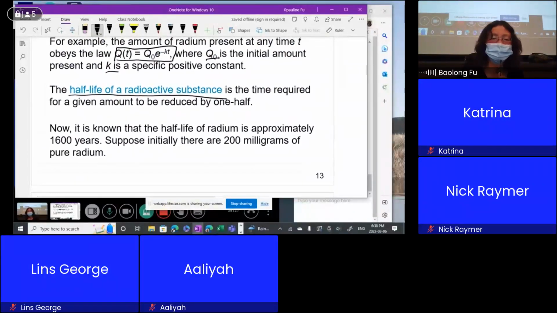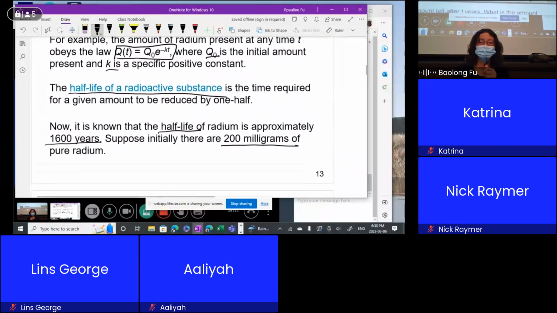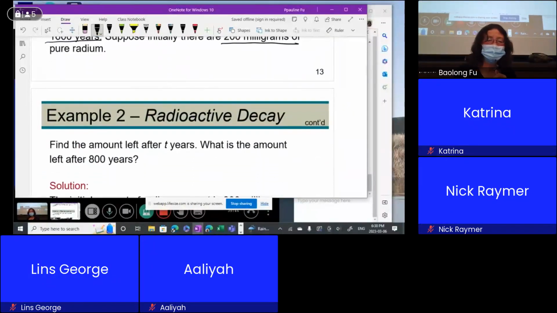If we know the half-life is 1600 years, and suppose there are 200 milligrams initially, find the amount left after t years, and what is the amount left after 800 years?